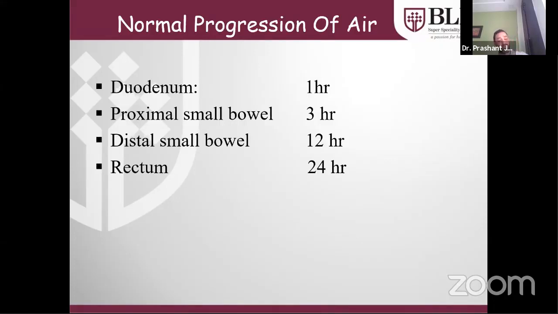So if you do an X-ray quite early, then you might miss the diagnosis of distal intestinal obstruction. So it is not important that you do the X-ray as soon as a newborn baby is born, but maybe you can delay the X-ray 3 to 4 hours, unless you are suspecting some peritonitis in the newborn baby.